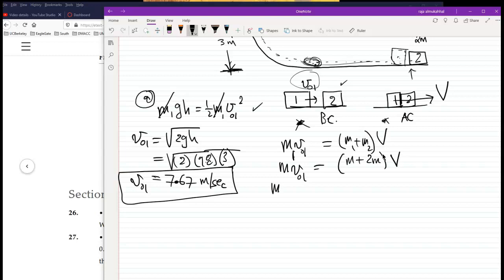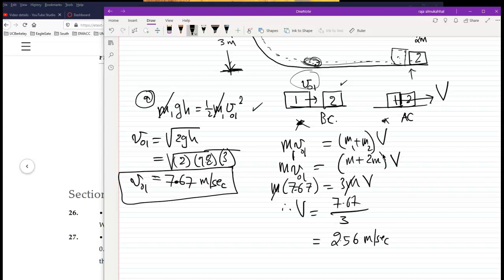So M times 7.67 equals 3M big V. The M's cancel out, and therefore the common velocity is 7.67 over 3, and that gives me 2.56 meters per second. Got it, guys?